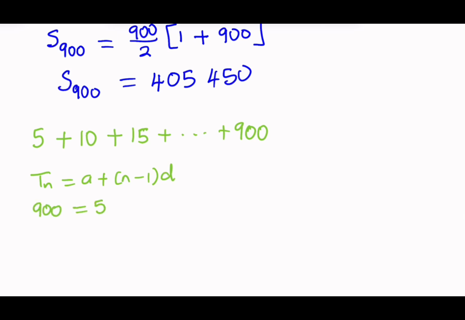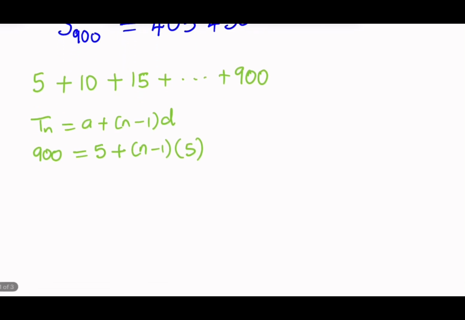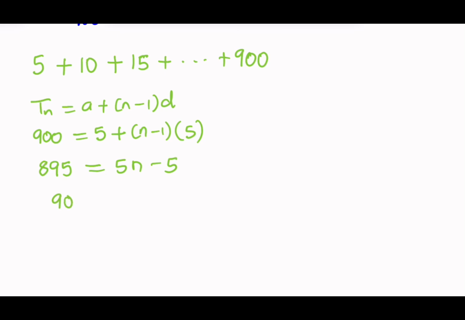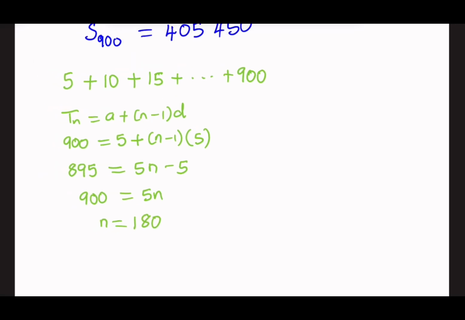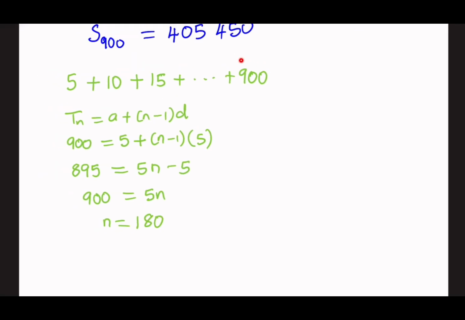The first term in this case is 5 plus n minus 1. D is obviously 5 because you're moving up by 5 each time. So then you could minus the 5 and you've got 895, and that's equal to 5n minus 5. And you would add the 5, and you're back again to 900 equals 5n, and n is basically 180. Okay, so you know now that there's 180 terms in here.